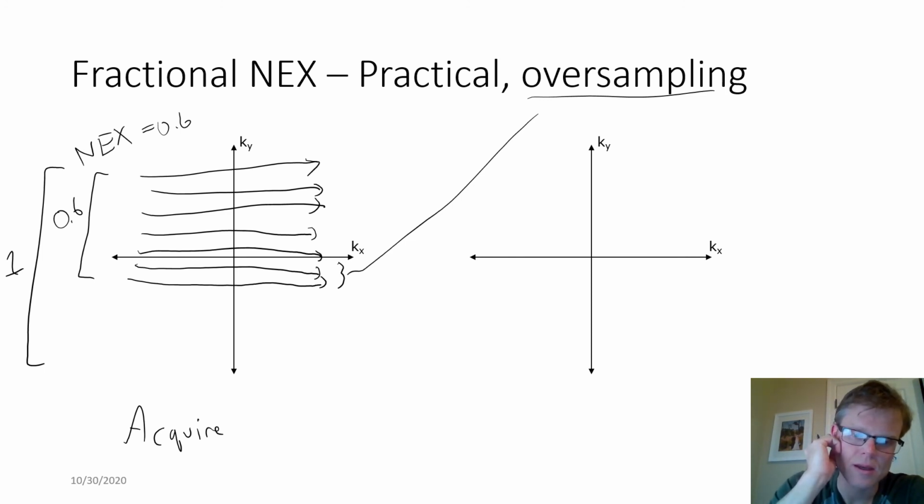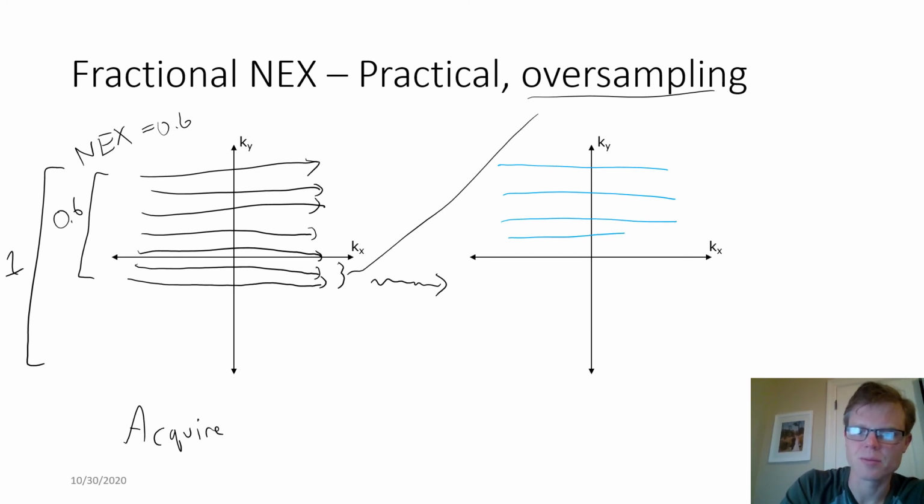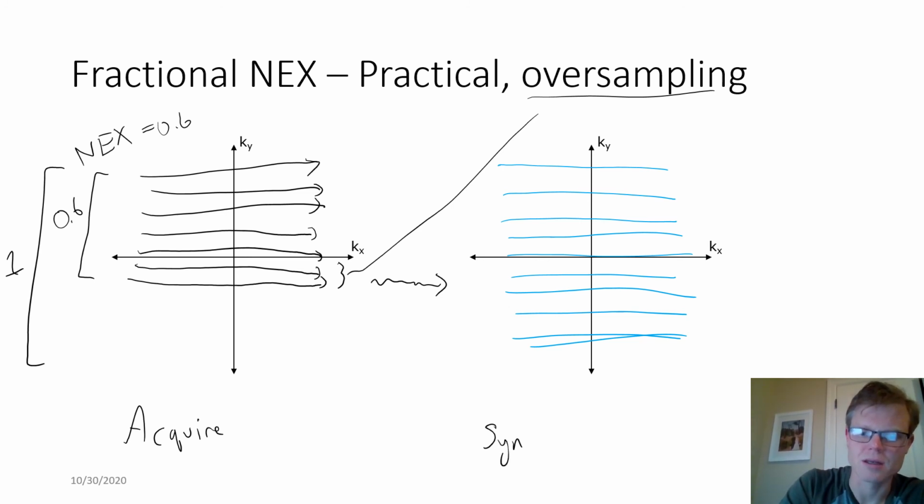And then there's a slightly more sophisticated reconstruction procedure, a couple of different ways to do that, but I'll just illustrate that we're going to end up being able to fill in our entire K-space data, and you have to do a couple of additional operations here.